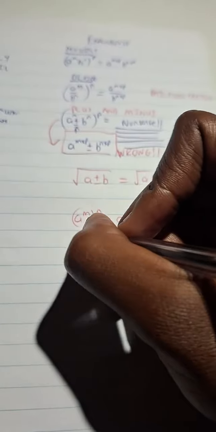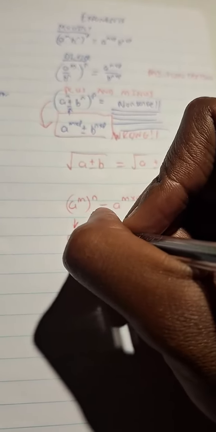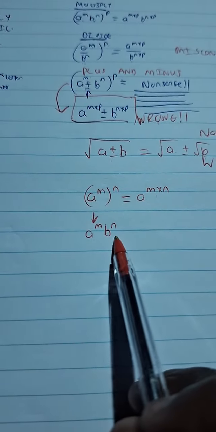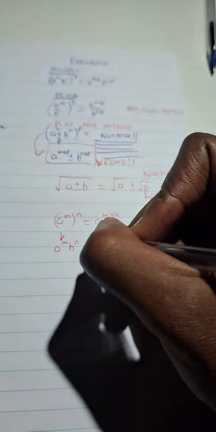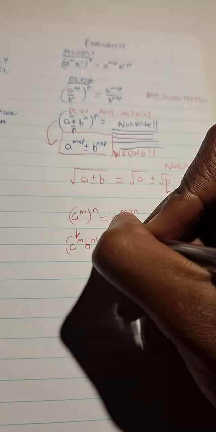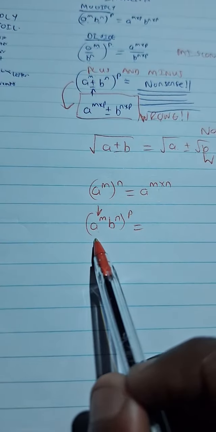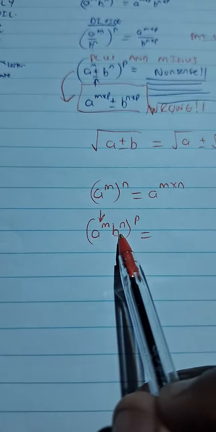Now, furthermore, if you have a base raised to an exponent and you have another different base raised to another exponent, and the relationship between the bases is multiply, and it's all raised to another exponent, then what you can do, because these bases are multiplied together.